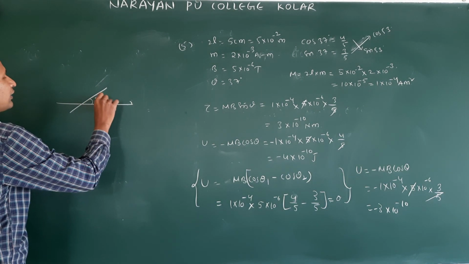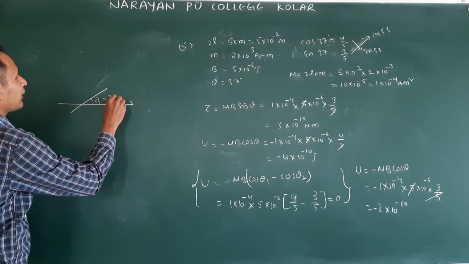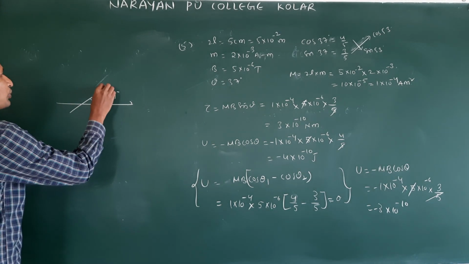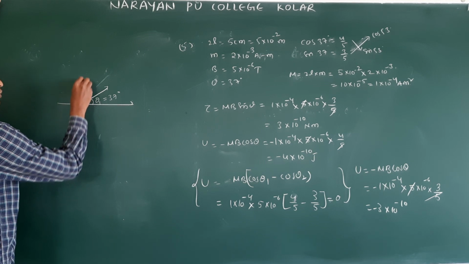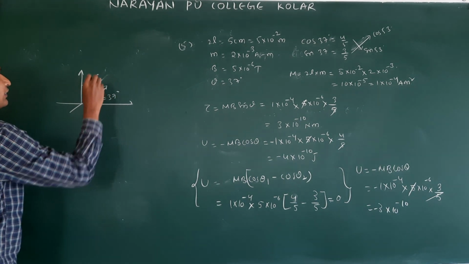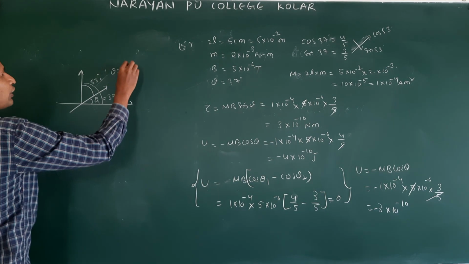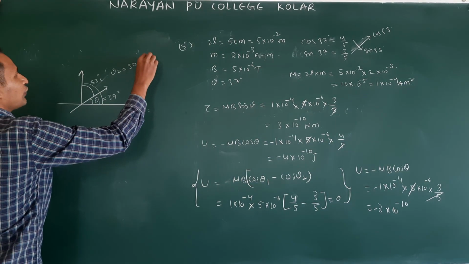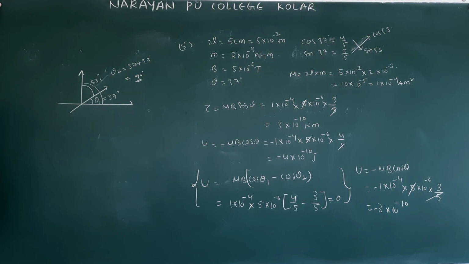This is theta. Theta 1 is what is the value? 37 degree. According to the question, they turn from here to like this. This is 53 degrees. Then what will be the total angle? Theta 2 is 37 plus 53. That is 90.